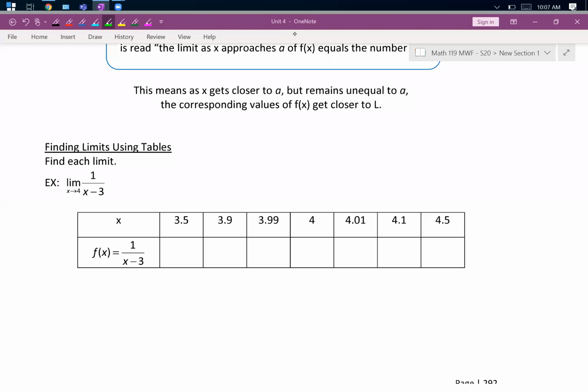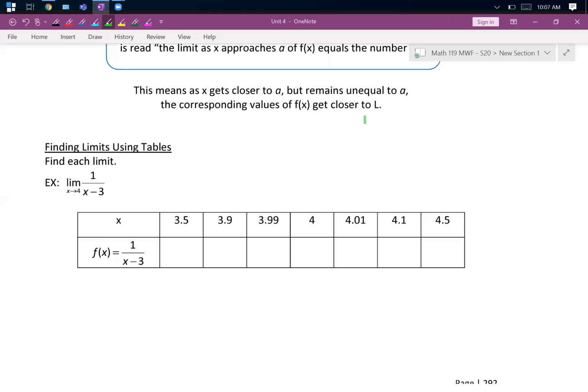All right, so let's get some values plugged into our table. What is our y value with our x value of 3.5? I got 2. All right, how about the next one? 1.11. Okay, and 1.01. Great. 1. 0.99. 0.909.